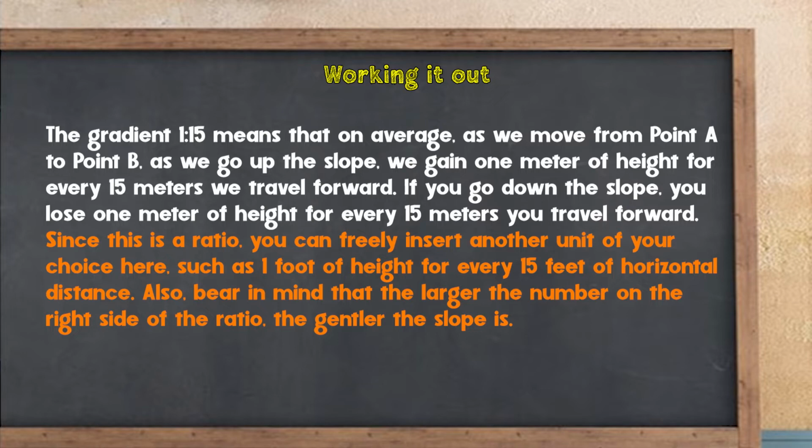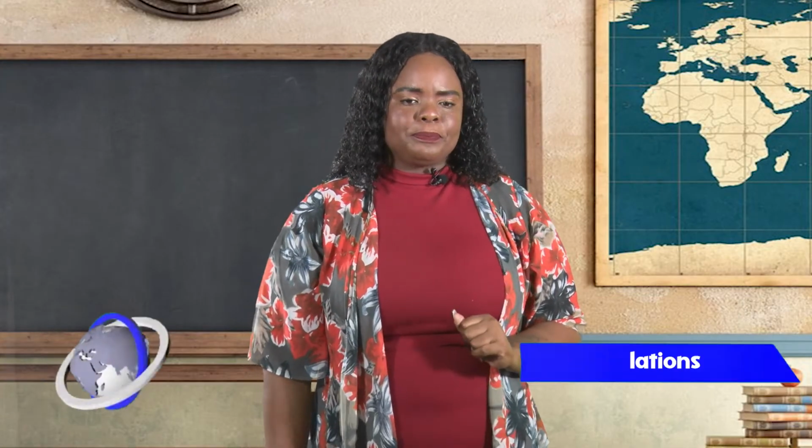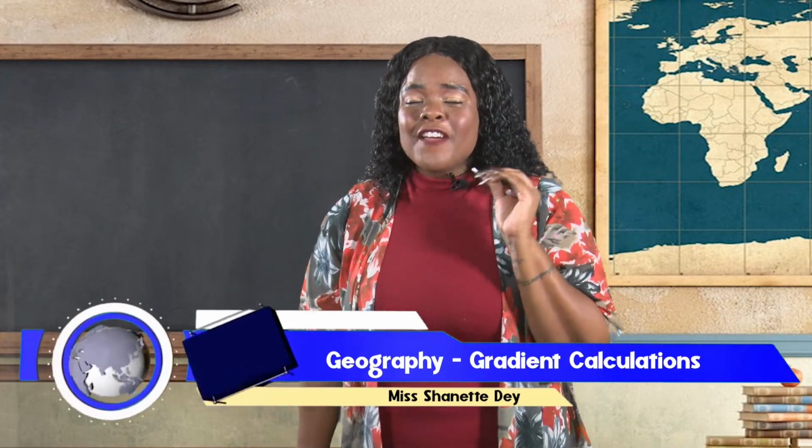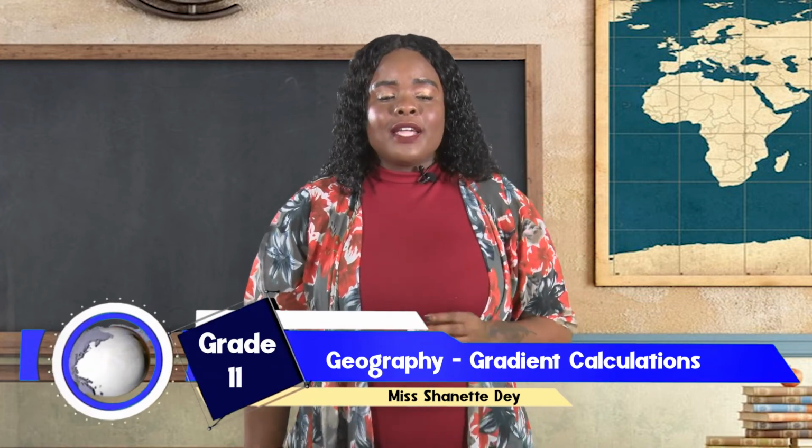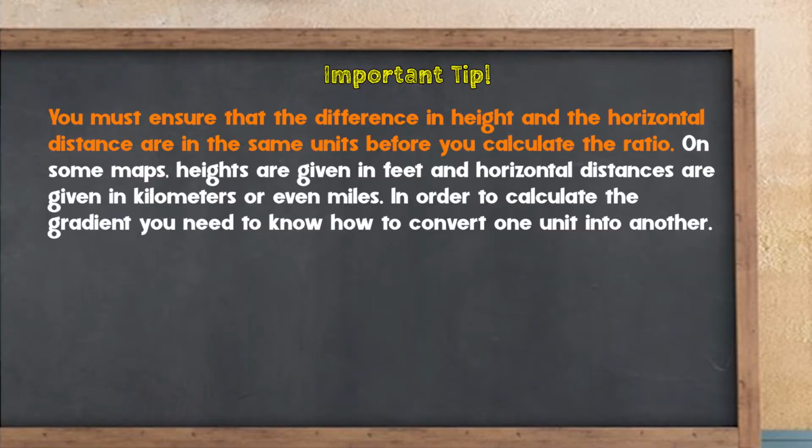Also, bear in mind that the larger the number on the right side of the ratio, the gentler the slope is. Now, a very, very important tip. I want you guys to zoom in right now. You must ensure that the difference in height and the horizontal distance are in the same units before you calculate the ratio.